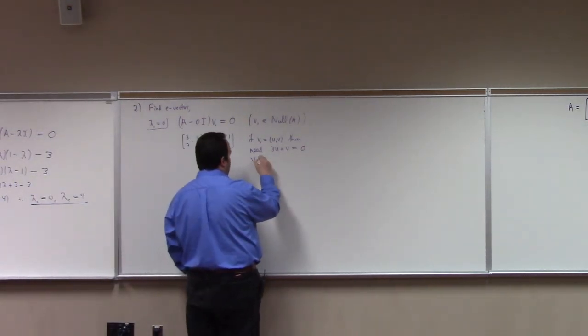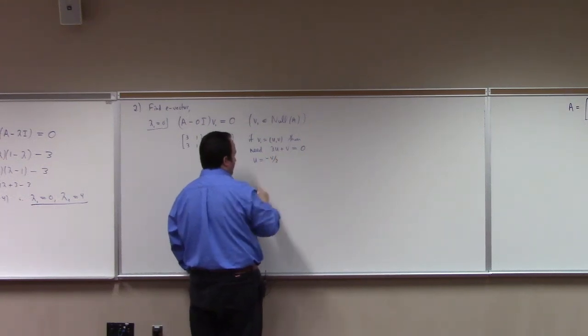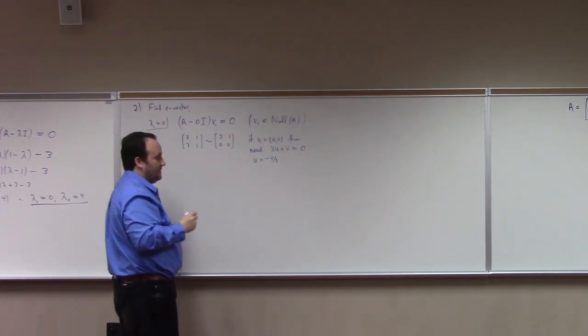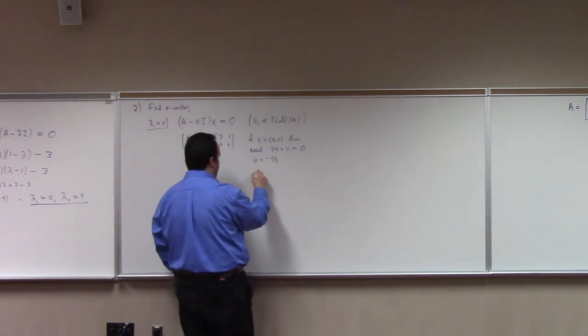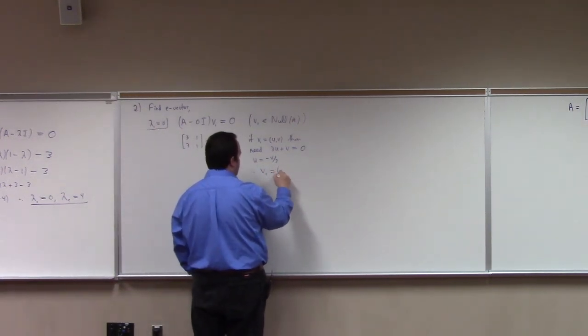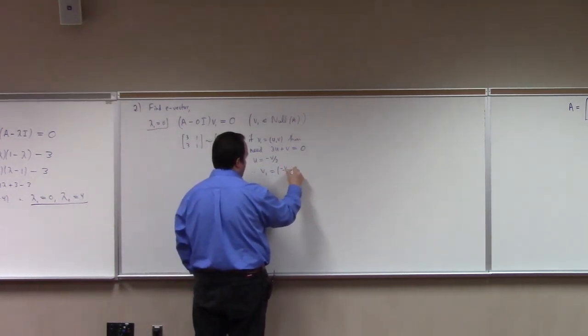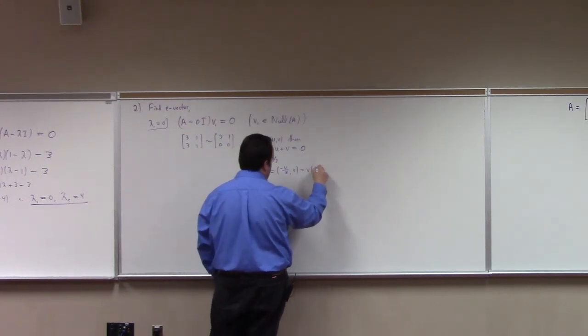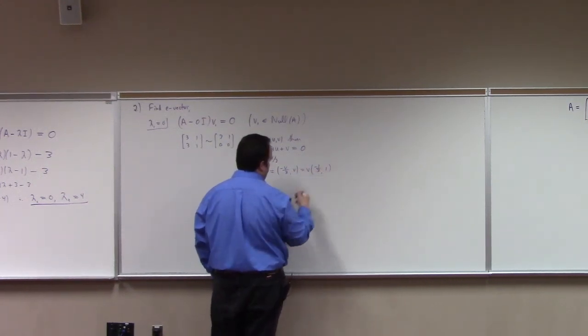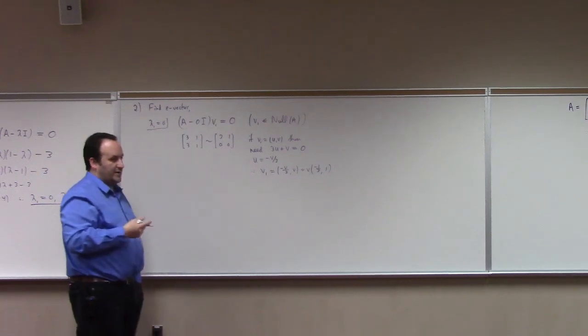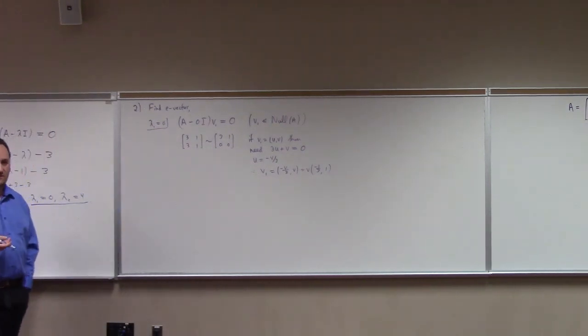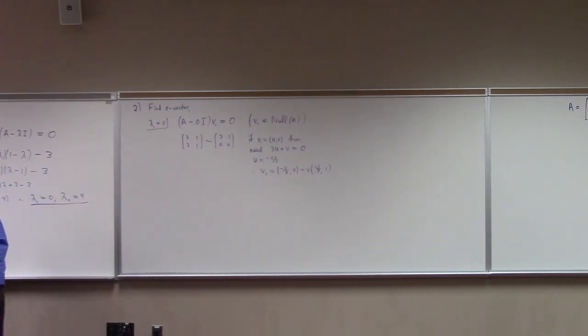So that gives me, the way we usually do things, u is minus v over 3, right? And so therefore, v1 is (minus v over 3, v), which is v times (minus 1/3, 1). That's what an arbitrary eigenvector with eigenvalue 0 looks like, right?